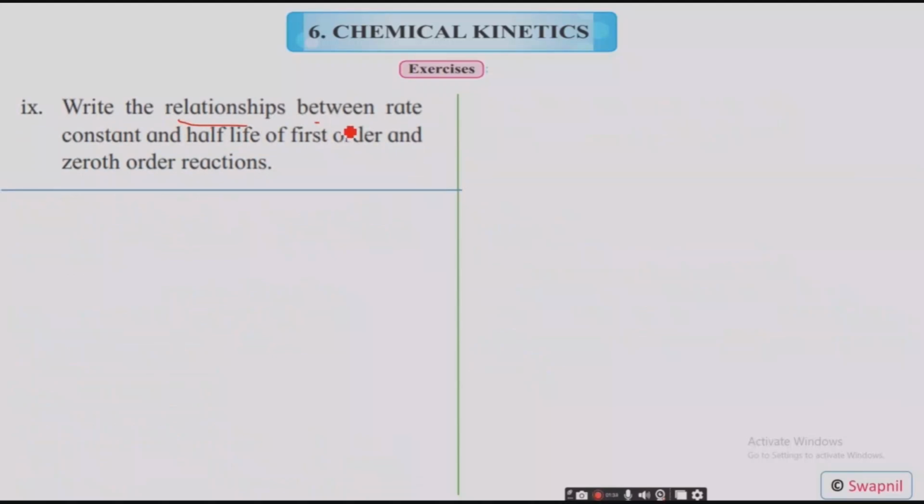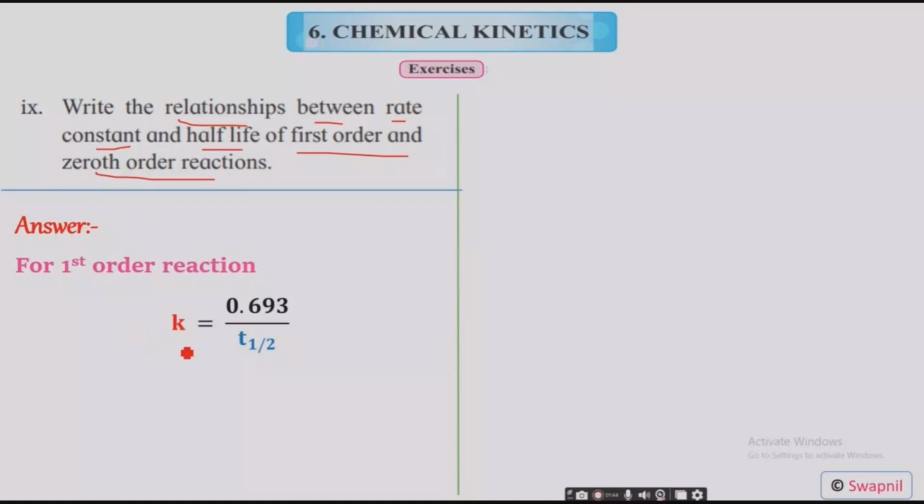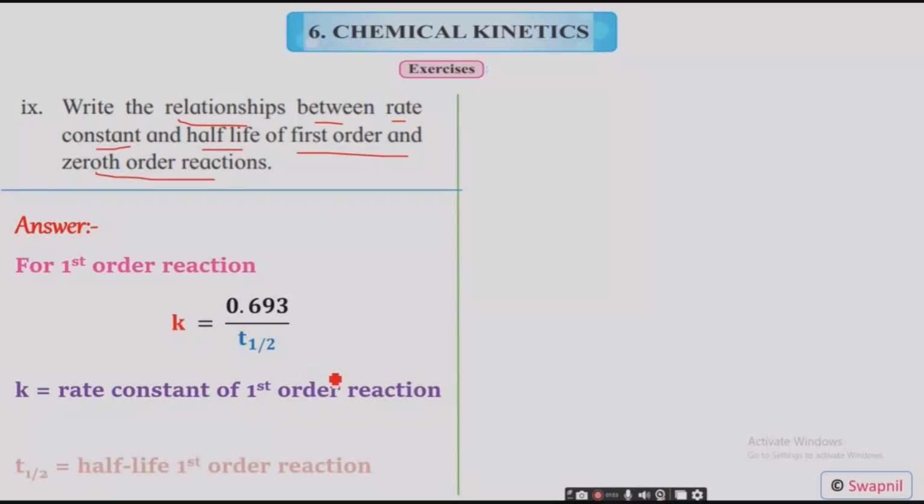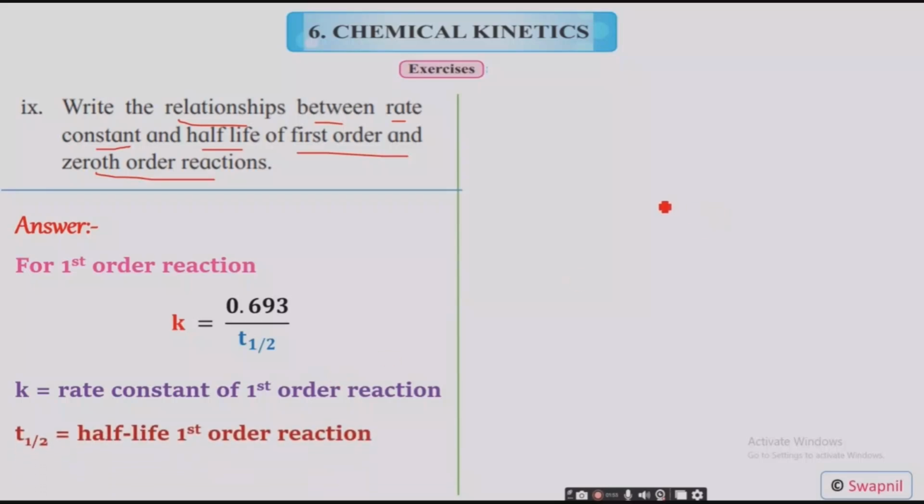Next, write the relationship between rate constant and half-life of first order and zero order reaction. So we know that for first order reaction, the relation between rate constant and t half, that is half-life, is k is equal to 0.693 divided by t half, where k is the rate constant of first order reaction and t half is the half-life of first order reaction.